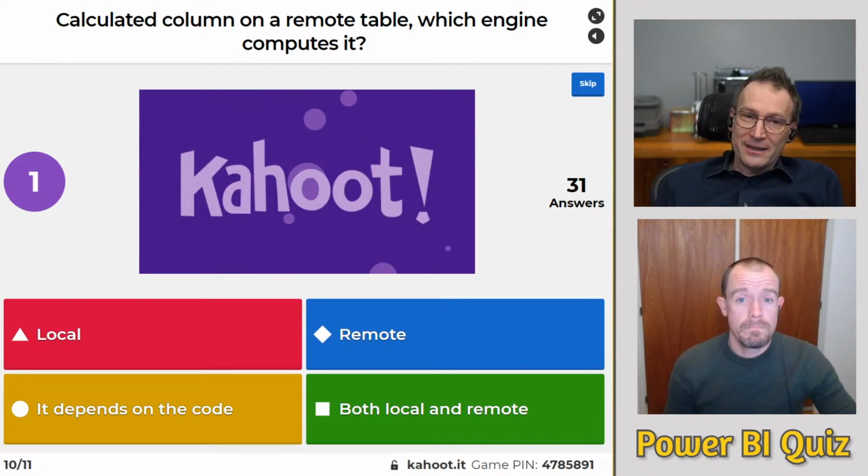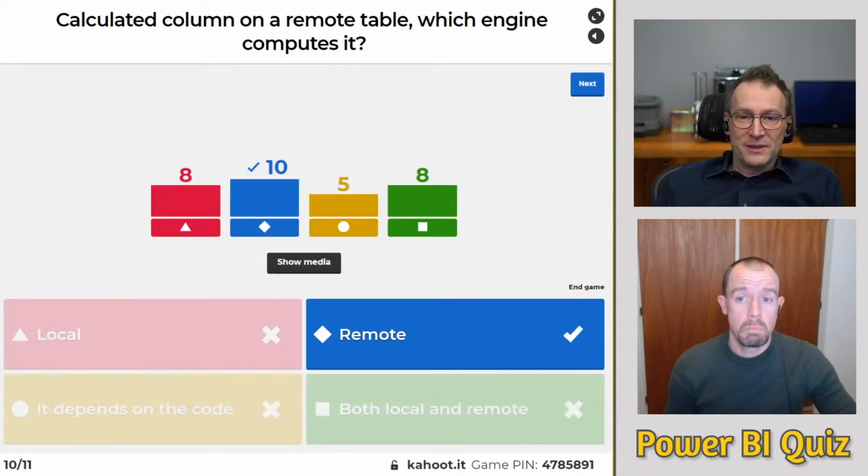That gives a glimpse of the complexity of the implementation they had to do. That's very sparse as an answer. Local, remote, depends on the code, both local and remote. Actually, it's pushed down to the remote server. And you can actually check that. If you build a calculation that cannot be pushed to the remote server, you will get an error. You cannot compute any kind of calculated column.